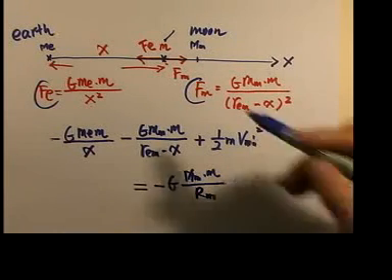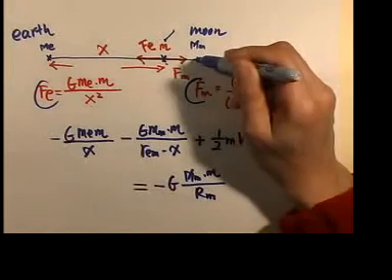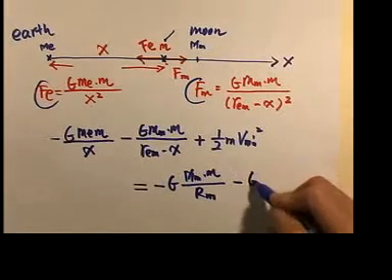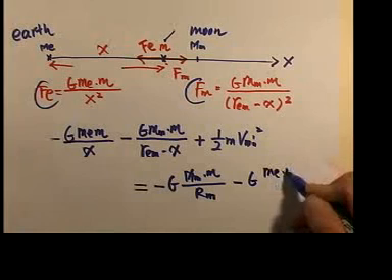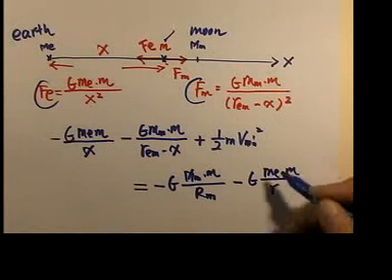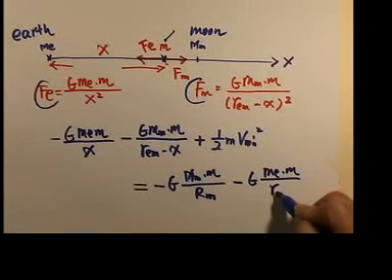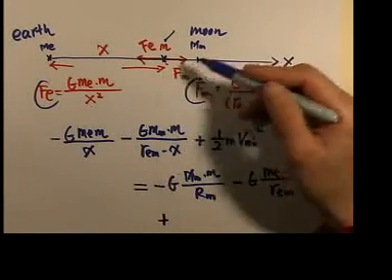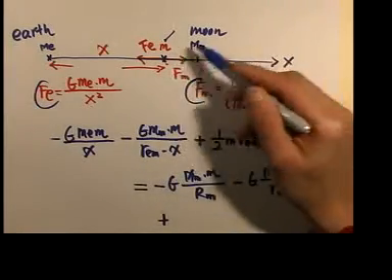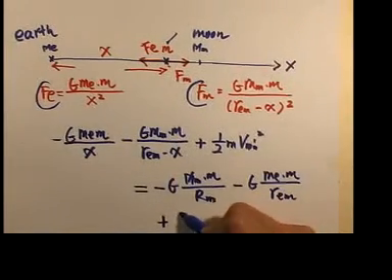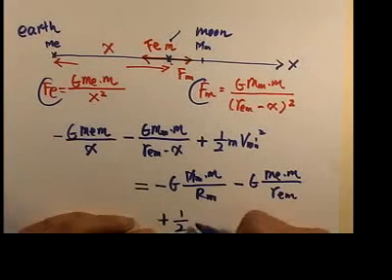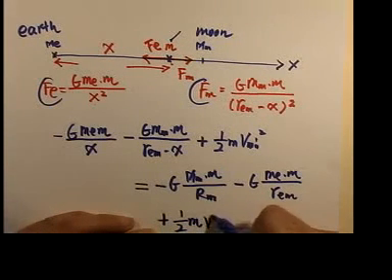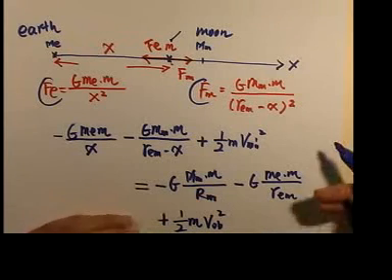If we still think it is under Earth's influence, then we have negative G, mass of the Earth, and this is now how far away from the Earth? A moon-Earth distance away. Then plus the kinetic energy, because this satellite is orbiting, so 1/2 of the mass of the space probe, v of the orbital speed squared.